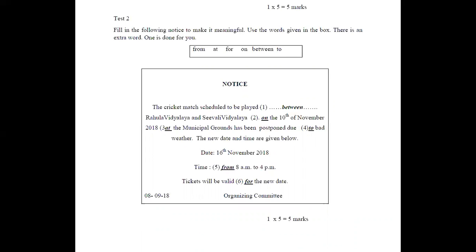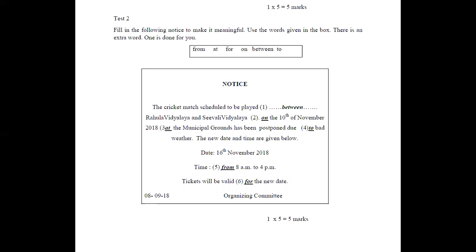They have given some words in a box. If you read them: from, at, for, on, between, to. So guys, what are these words? These are basically prepositions. All right. Before that, I'm suggesting that we have sent you another video, a special video on prepositions, so that you can gain more understanding of this area and face this type of questions well.